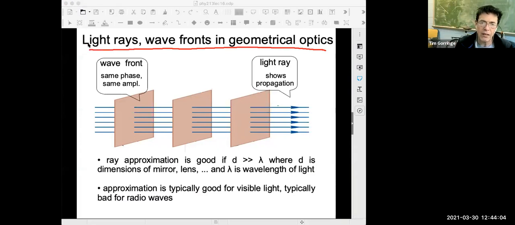What do I mean when I say geometrical optics, ray optics? Well, what I mean is sketched in this overhead.